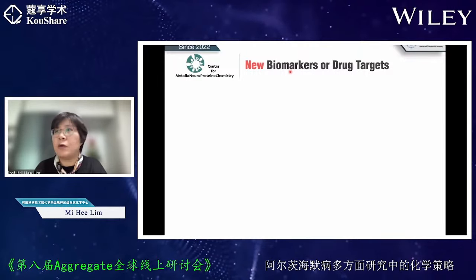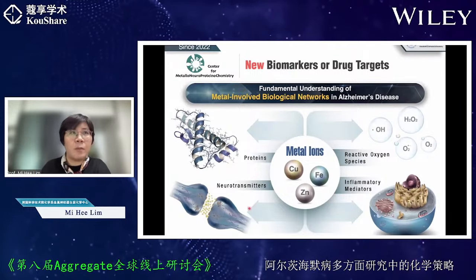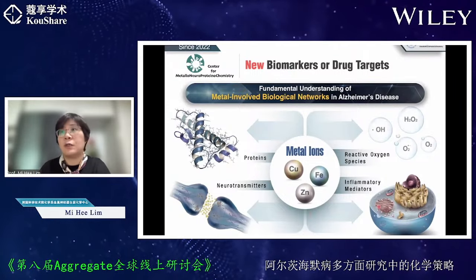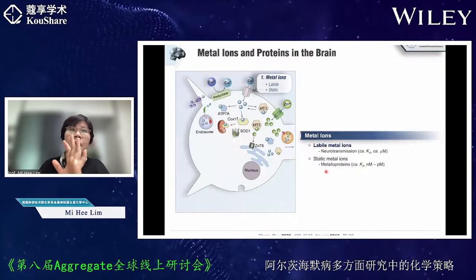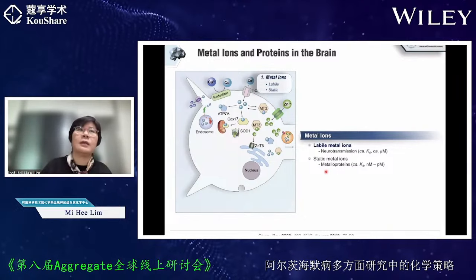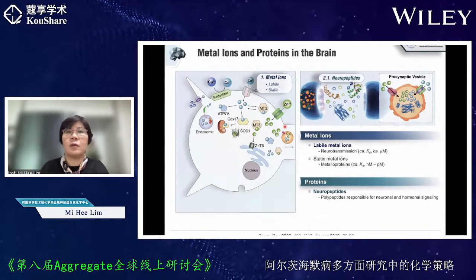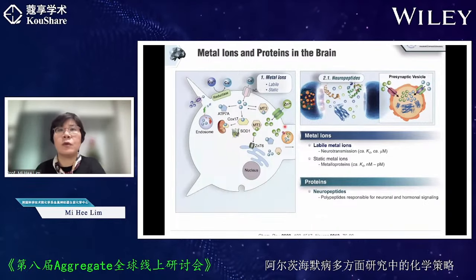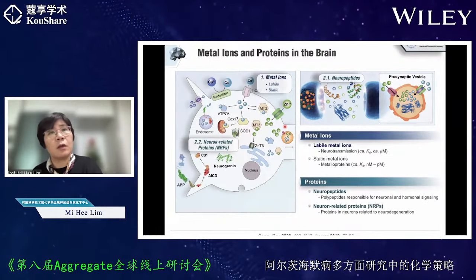Our new discovery also comes from a fundamental understanding of the matter involved in the biological network shown here. In the brain, as you may already know, there are labile metal ions and static metal ions, weaker binding and tighter binding. The metal is right there. Also we have neuropeptides, responsible for neuronal signaling and hormones, and neuro-related proteins related to neurodegeneration.